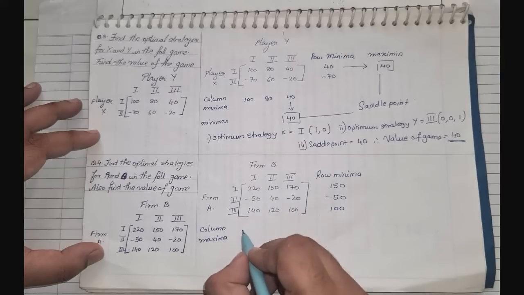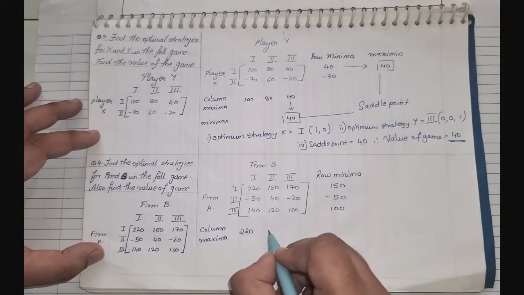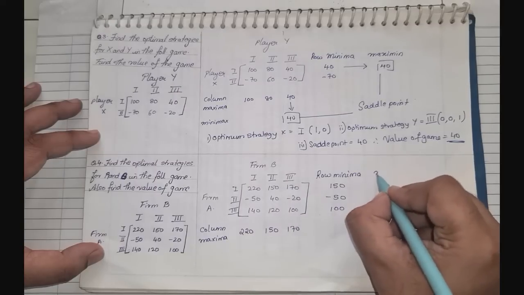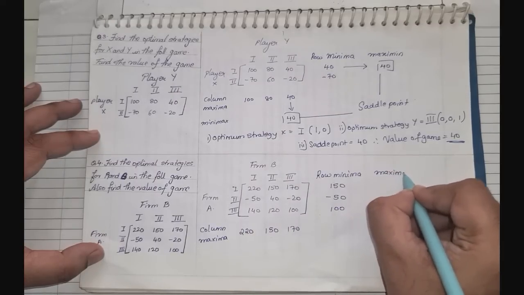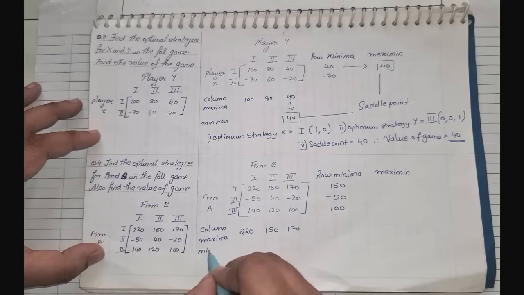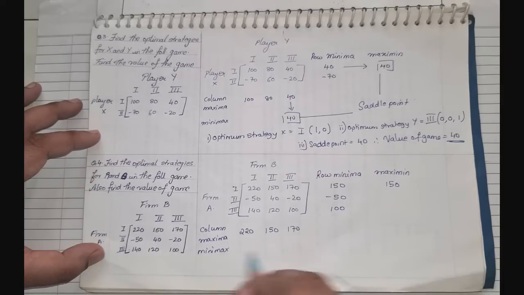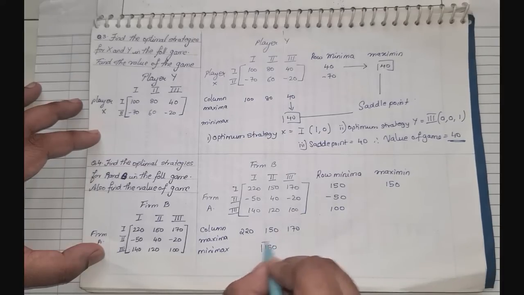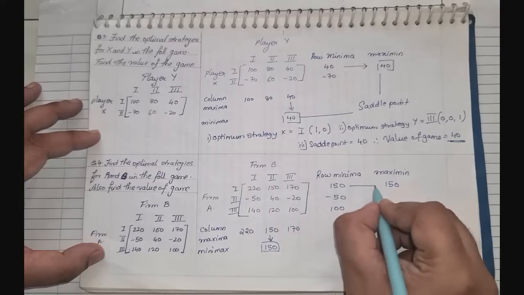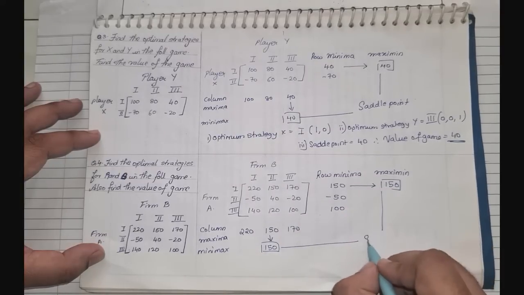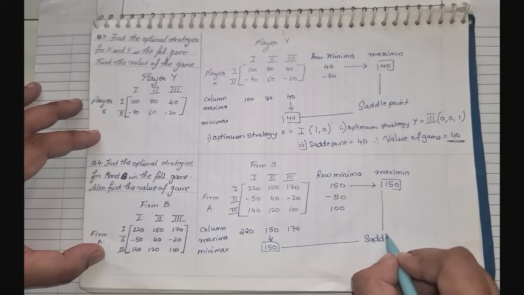In column maxima, in the first column the maximum value is 220, in the second it is 150, and in the third it is 170. Next we need to find maximin and minimax. So the maximum value is 150, here the minimum value is also 150. Okay, the intersection of both is nothing but a saddle point.